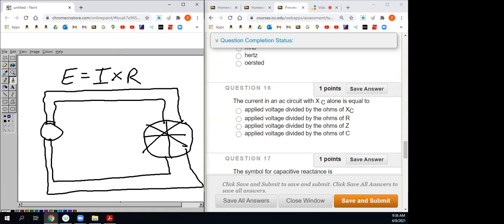Pumping the water through the circuit. So here's your water pipes and there's water going through here, right? So this is your pump, and this represents your voltage. So this is E. This is your force. A bigger pump will produce a bigger force on that circuit. It's going to force the water through those pipes harder.